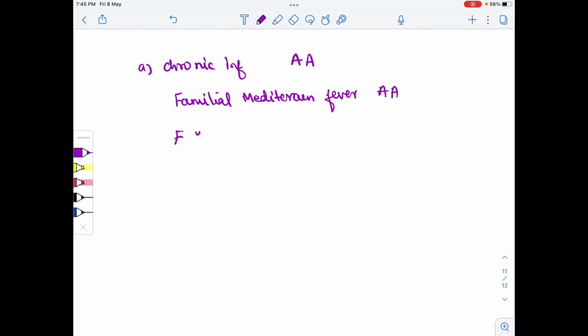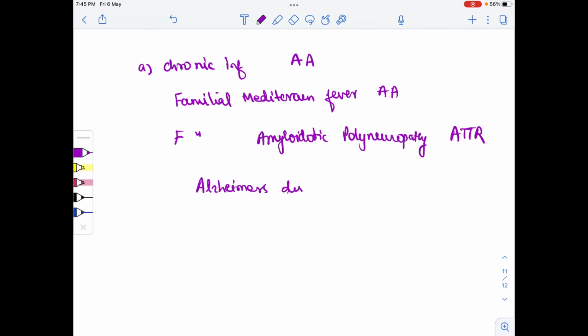In familial amyloidotic polyneuropathy we have ATTR type. And in Alzheimer's disease we have type A beta 2. So we have to find the incorrect match. Please comment in the section what the answer of this question is.